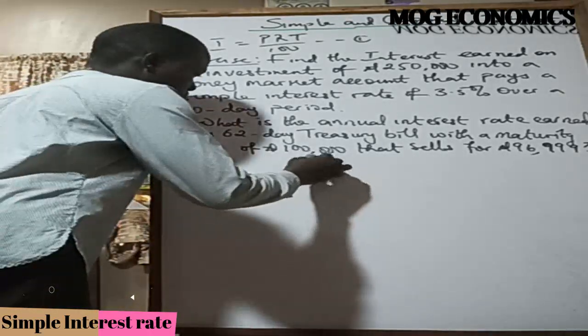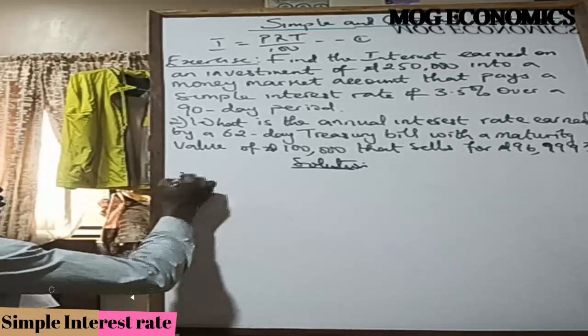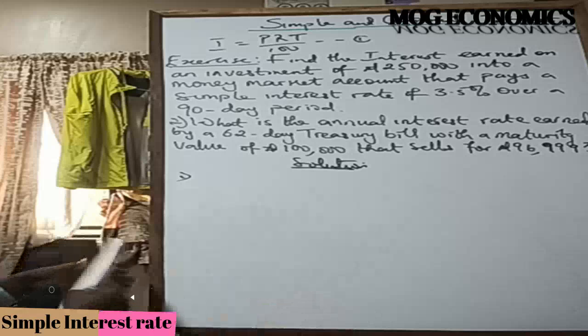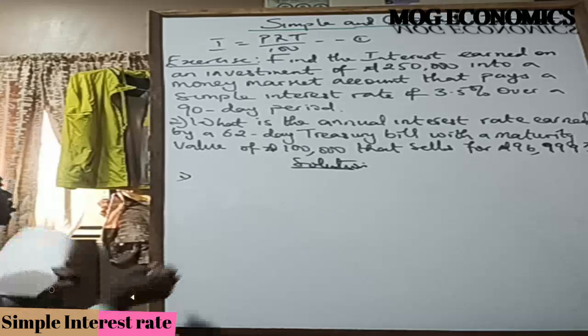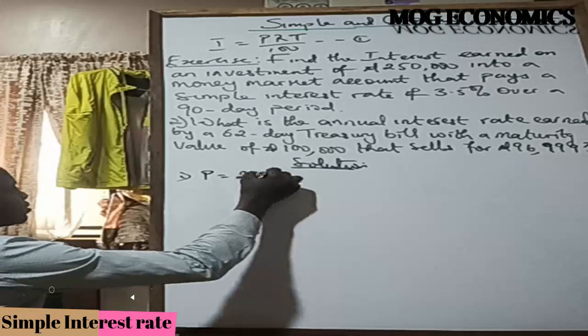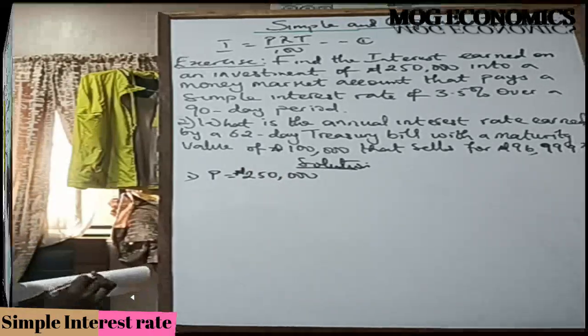Solution number 1. Find the interest earned on an investment of 250,000. The investment amount, which is the principal, is 250,000, into a money market.